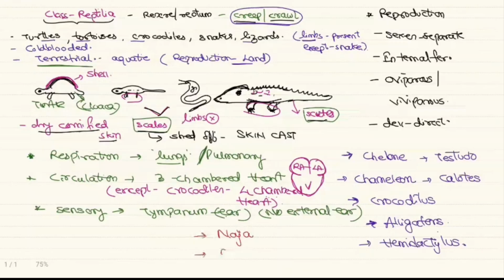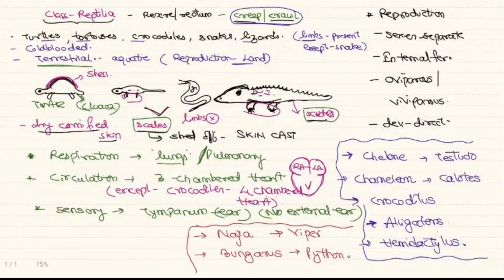Many snakes are there. As you know, the cobra is called Naja, that is the Indian cobra. The poisonous snake Bungarus is called the krait. Similarly, we have viper. And we also have the non-poisonous snake, which can swallow animals, called the python.